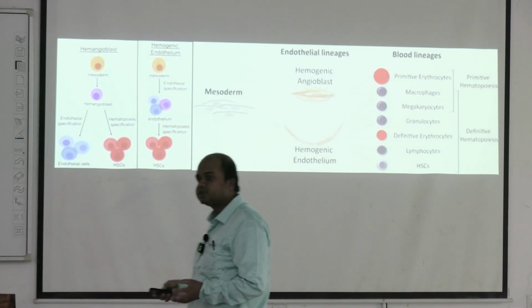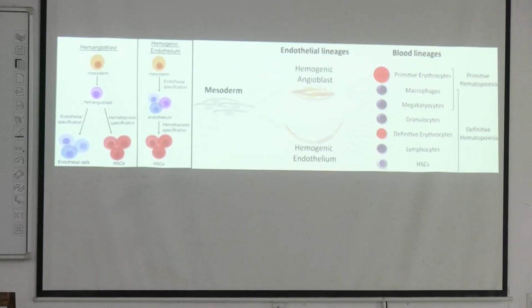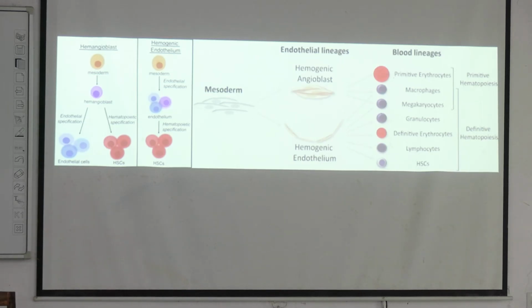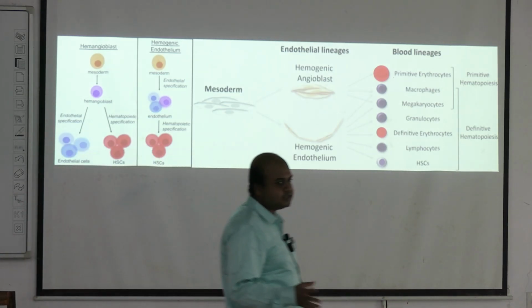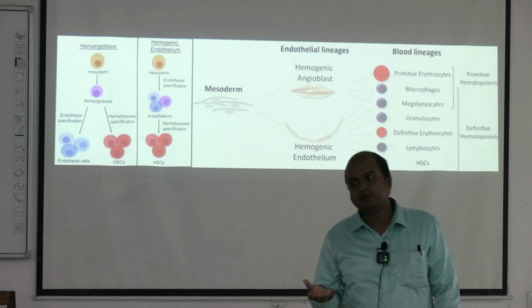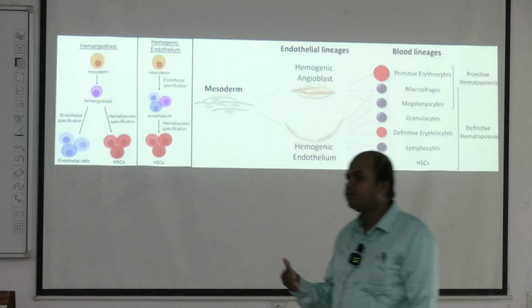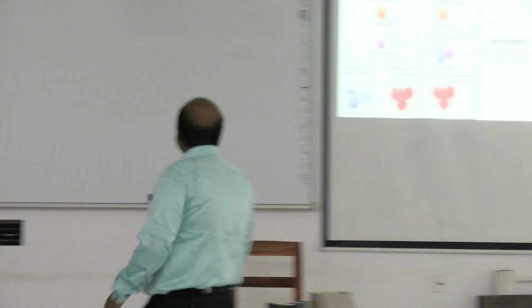Again, concepts vary according to different authors, who describe them differently. Blood is a fluid connective tissue, mesodermal in origin. Mesoderm is one of the germ layers: endoderm is the innermost, ectoderm the outermost, and mesoderm is in between.